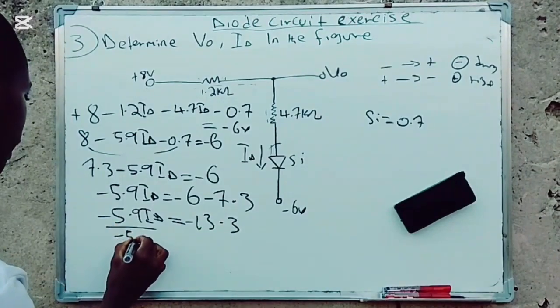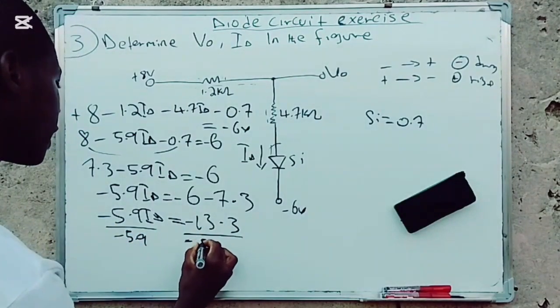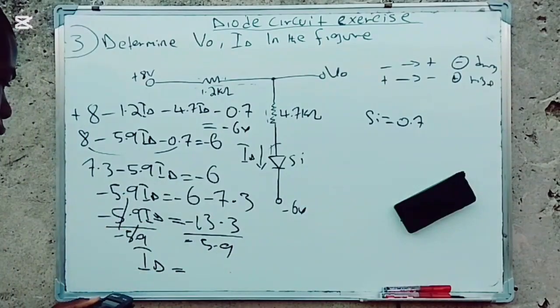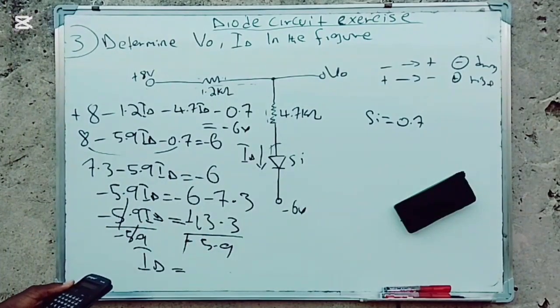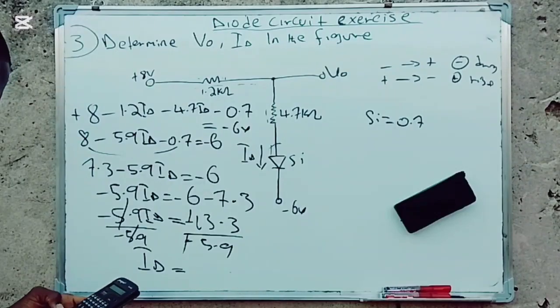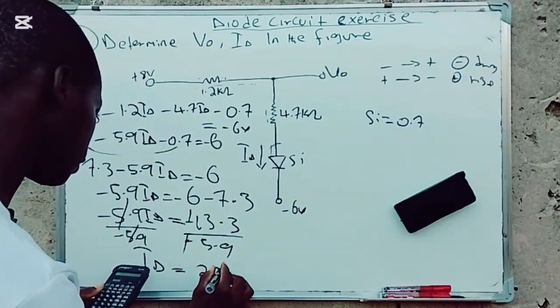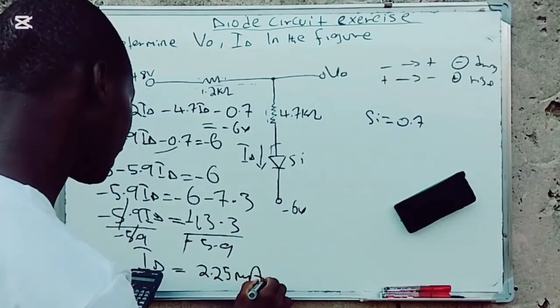If I divide both sides by negative 5.9, the negatives cancel. So the ID should be equal to 13.3 divided by 5.9, which is 2.25 milliamps.